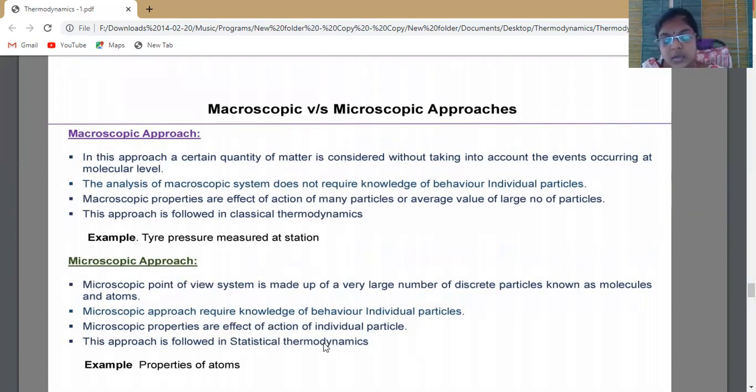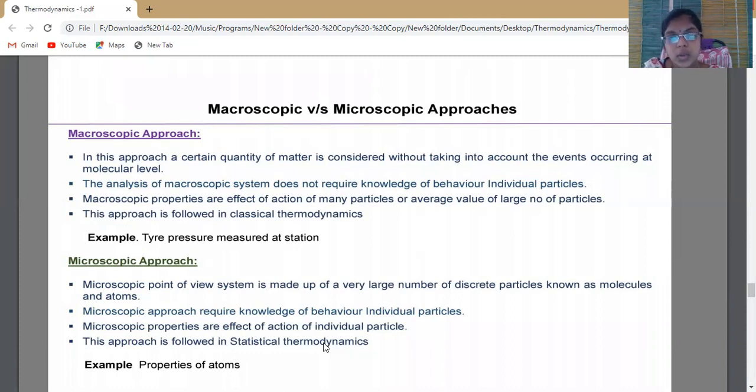What does it mean? In the macroscopic approach we are taking the average behavior of molecules, so it is easy to calculate the behavior of molecules and the values of pressure and also temperature. In the microscopic approach, it is taking so much time, because here we are not considering the average behavior of molecules.